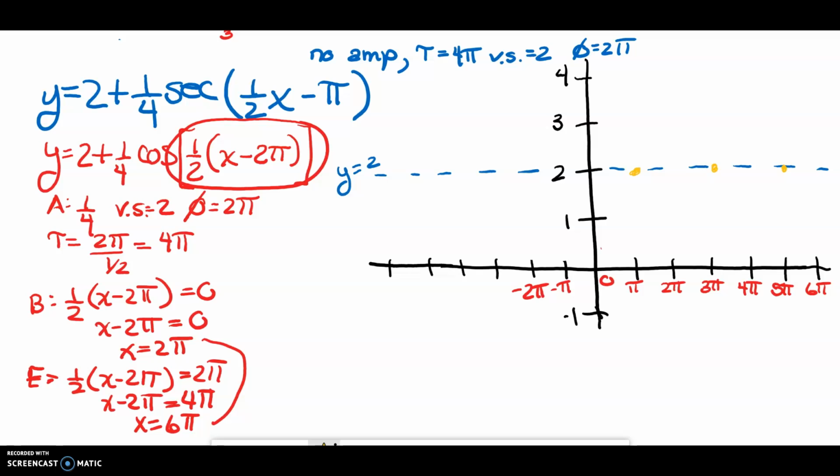So these are my quarter and 3/4 marks. All right, so at my begin and my end, I am above by my amplitude. I'm not above by much because my amplitude is 1/4. And then midway through, I'm below by the same amount, by 1/4. So I'm just going to go ahead and dash my graph in.